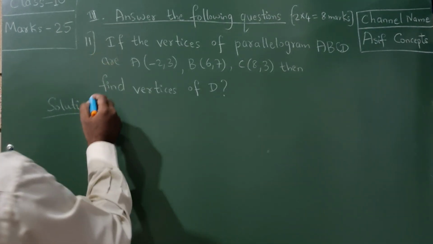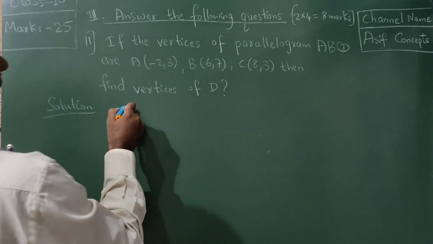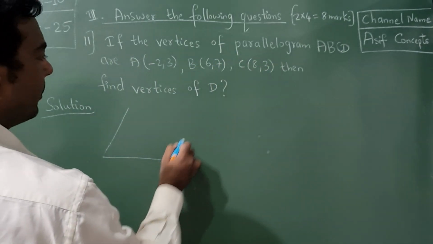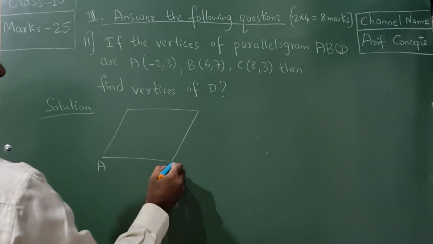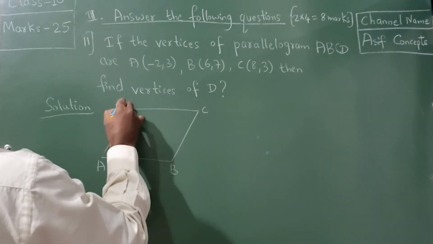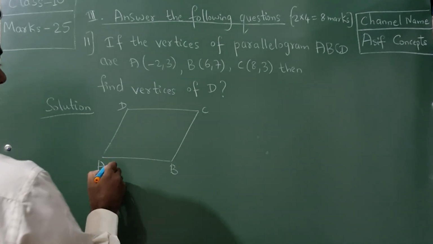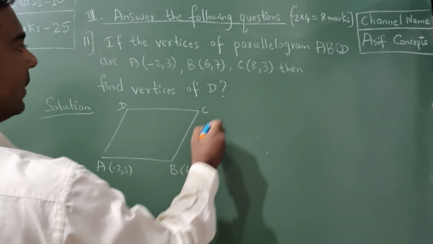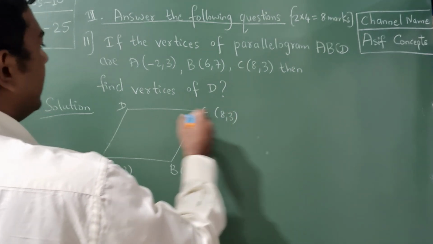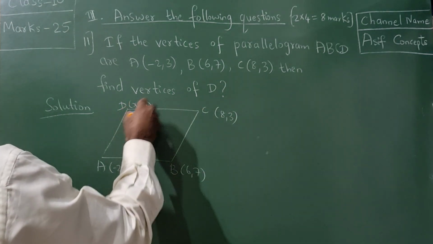Now 11th question, if the vertices of a parallelogram, so let me draw a parallelogram. Okay, ABCD, A, B, C and D. So minus 2 comma 3, 6 comma 7, 8 comma 3 and this will become x comma y.